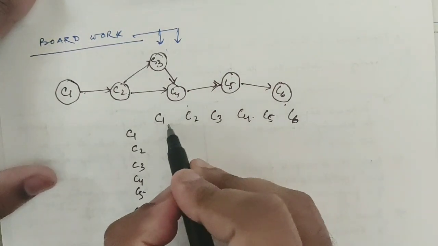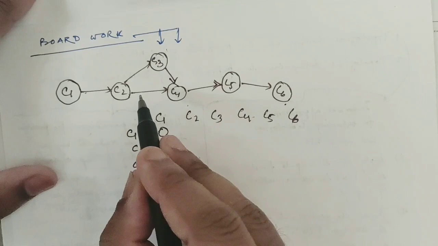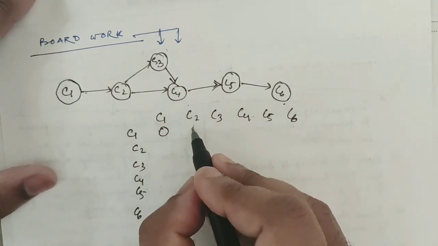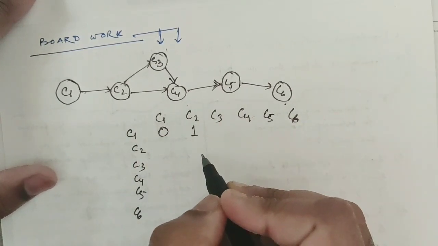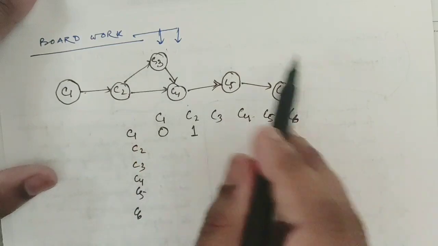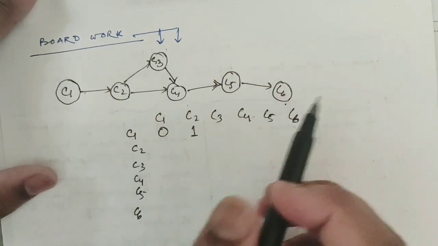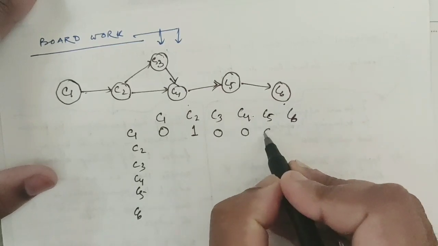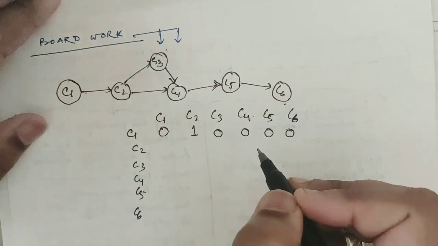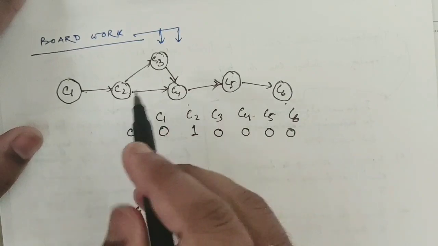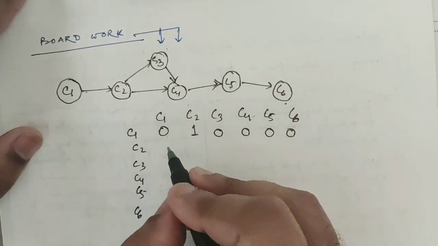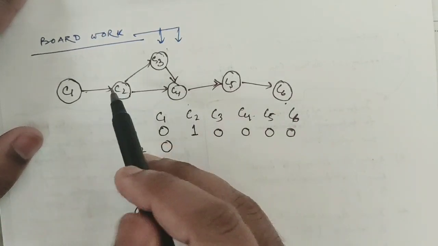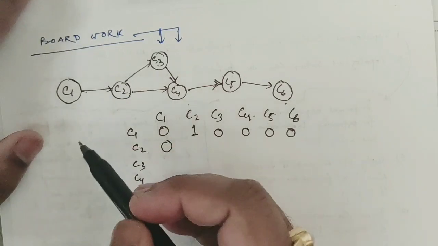So C1, C1 is 0. C1, C2: yes, there is an edge from C1 to C2, so it is 1. C1 to the rest, there is no direct connectivity. So C1, C3 is 0, C1, C4 is 0, C1, C5 is 0, C1, C6 is 0. Similarly, C2, C1 is definitely 0, because there is no back edge from C2 to C1.